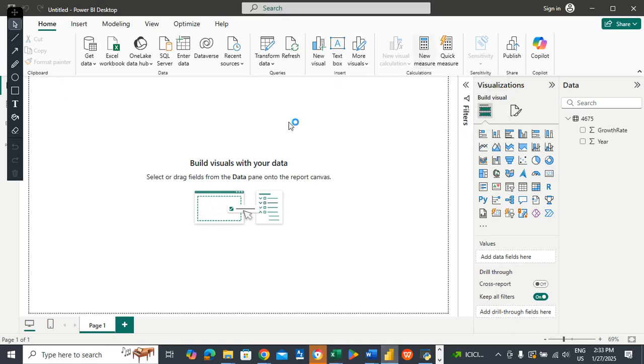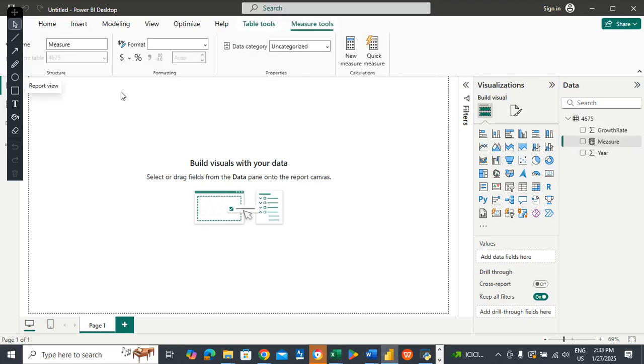I'll click on new measure, and it will help me to write this in some time. So the fundamental thing to keep in mind is to understand why we are writing that particular DAX query and what is going to be the impact of that, right? That's the question that you'll always ask: okay, I'm writing this DAX query, what am I trying to accomplish with the help of that?